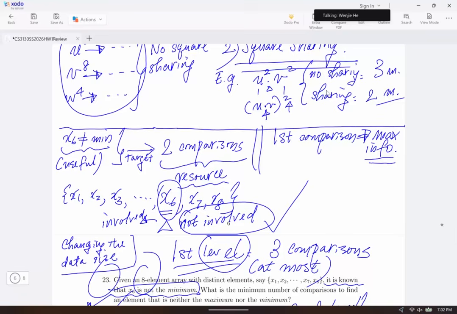Let me explain why. If x6 is not involved, you have no restriction, because you pick two arbitrary unknown elements.